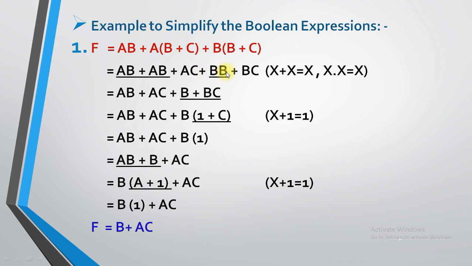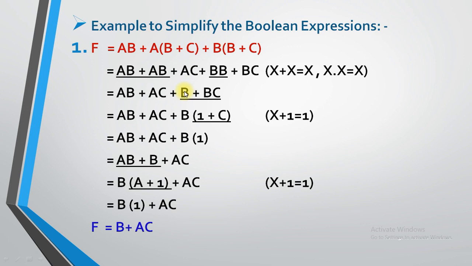In this particular term, there are 2 times AB repetition terms. So for that, what you need to do, one time only you need to write based on the x plus x equals x Boolean expression. Similarly, for the b into b, you need to write b only once based on the postulate x into x equals x.